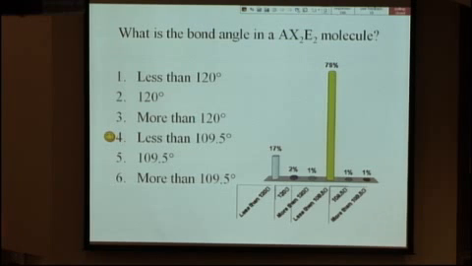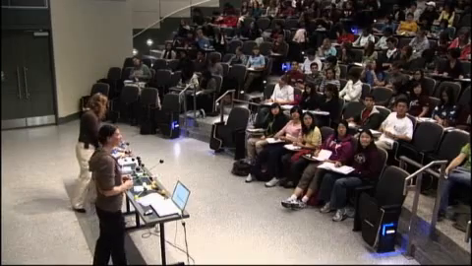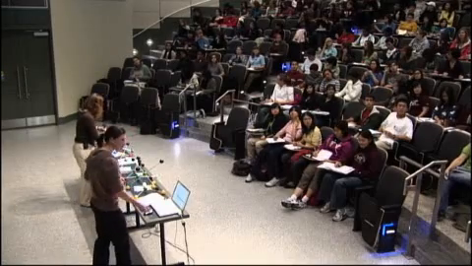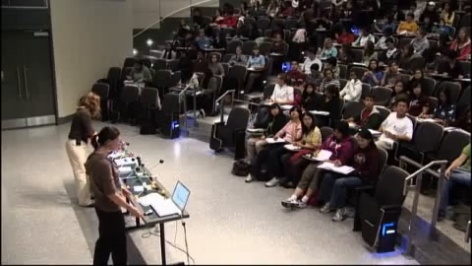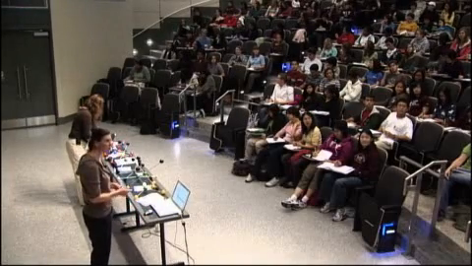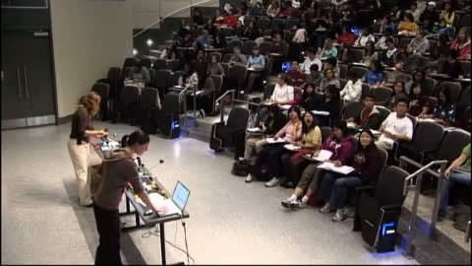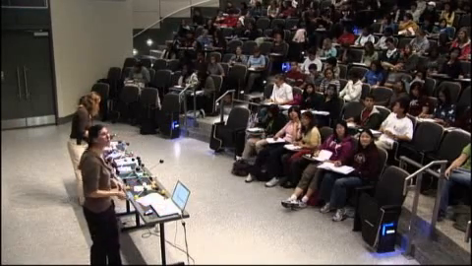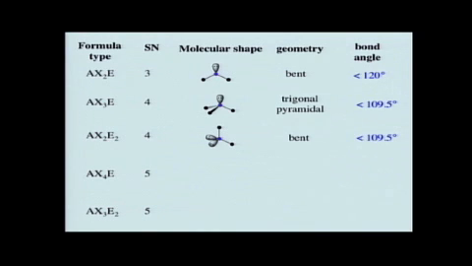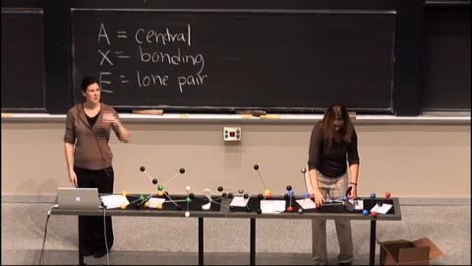Okay, so it's less than 109.5 degrees now. Some of you wrote that it was less than 120 degrees. And we can think about, if we switch back to the class notes, the difference here. This is now going to be less than 109.5. In the first case, where we had bent, we started with 120, and one of those bonds was replaced with a lone pair.